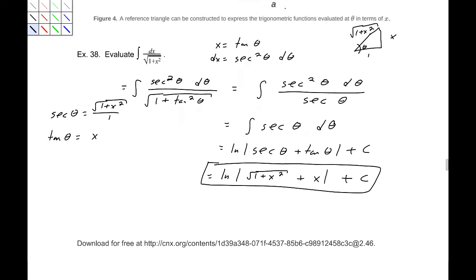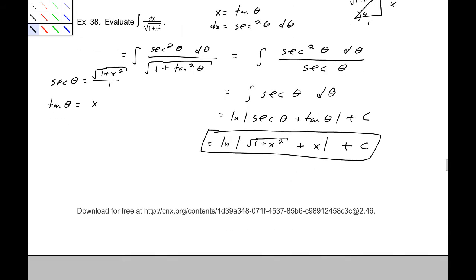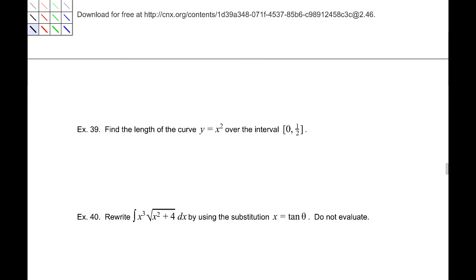Next, we're going to have an application of this for 39. Find the length of the curve y equals x squared over the interval 0 to 1/2. Okay, so first off, arc length. Go ahead and write that up here.